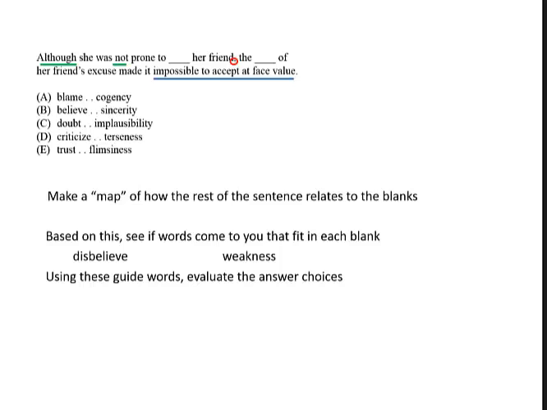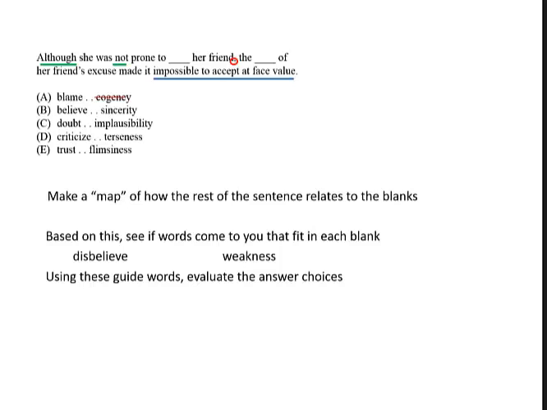Another hint I want to give you is you don't have to start with the first blank. Sometimes it's easier to evaluate which of the choices fit with the second blank and then go and look at which of the choices fit with the first. Let's try that. So if I'm calling the friend's answer choice weak, cogent or cogency would mean that it was very believable. So that doesn't fit.